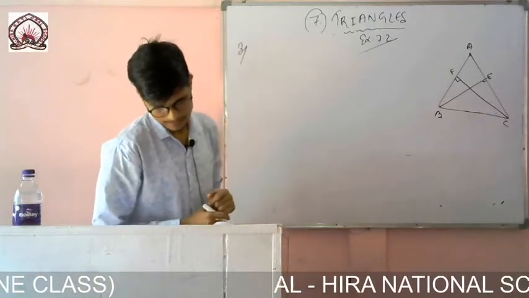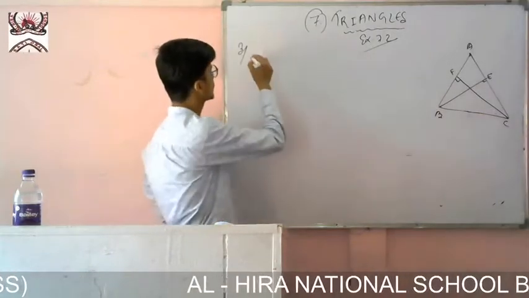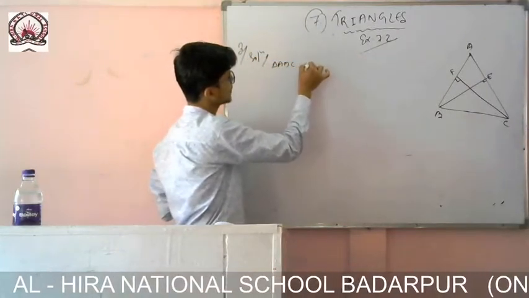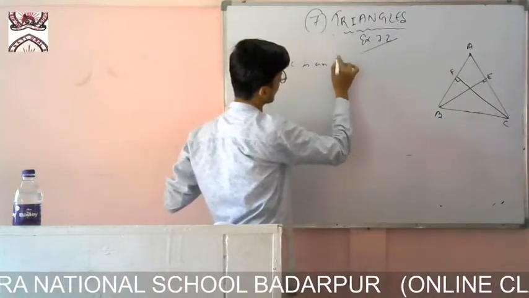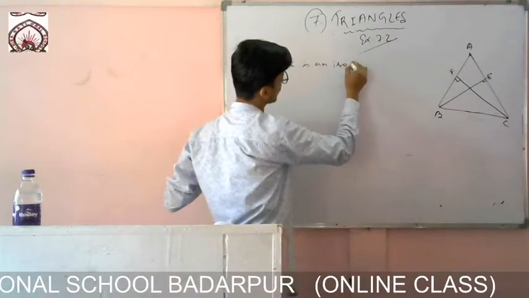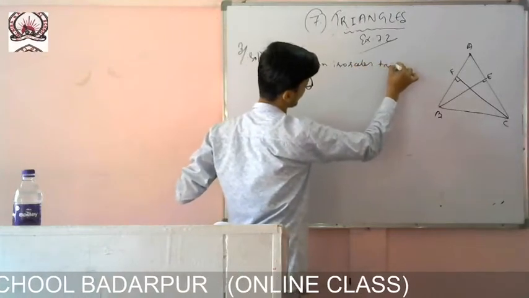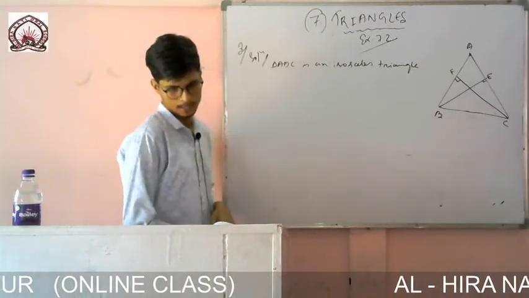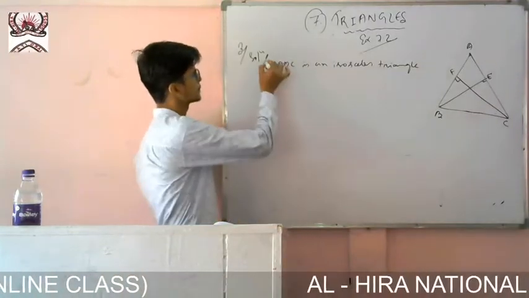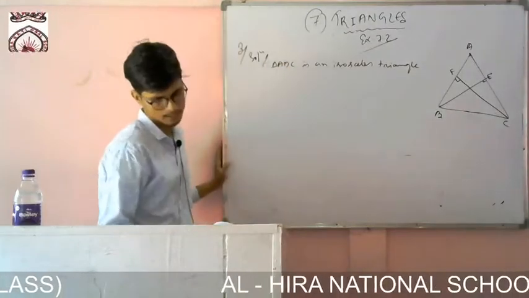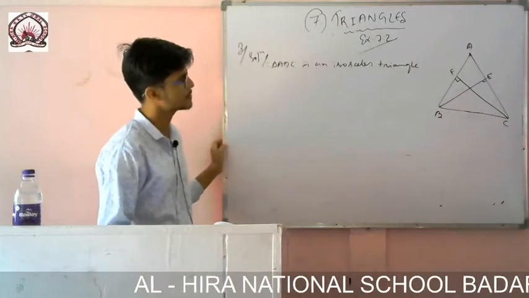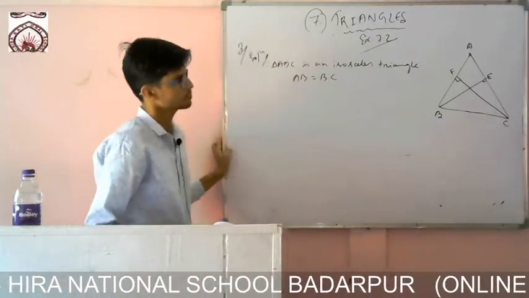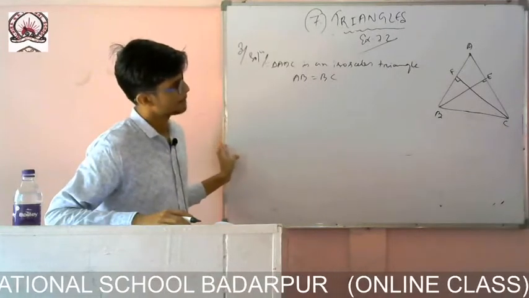It is given triangle ABC is an isosceles triangle. So you write, since triangle ABC is an isosceles triangle, that means AB is equal to BC.